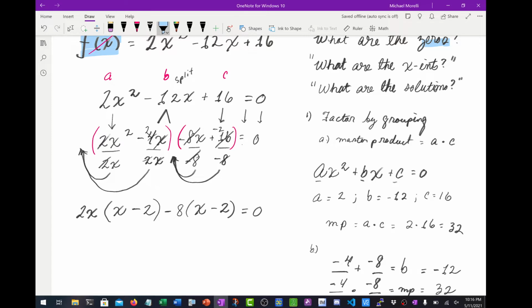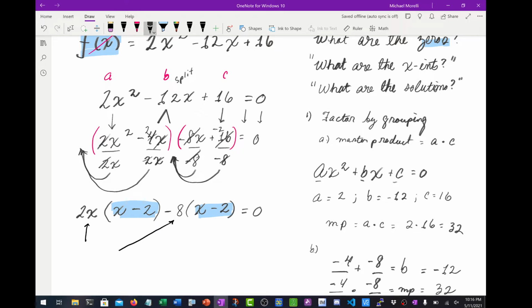Now, these should be the same, and we interpret these as one factor, and then we combine these two to be another factor.